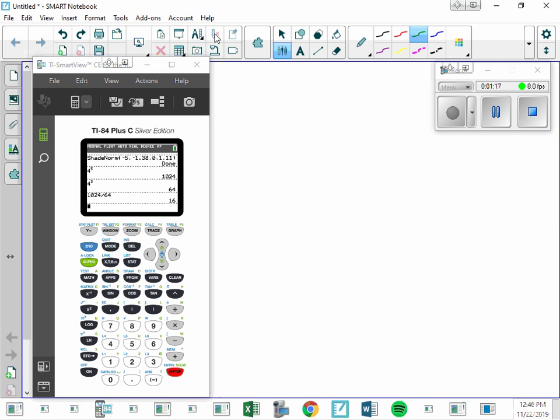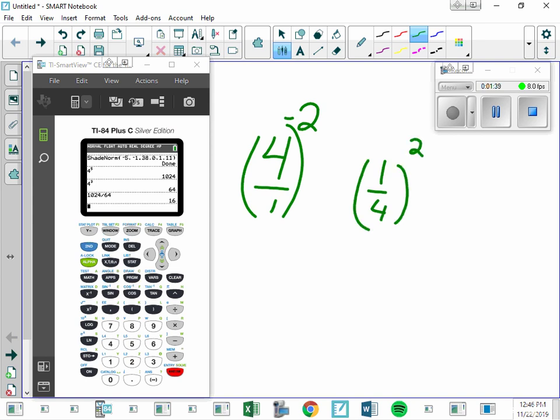But what about 4 to the negative 2? Yeah, good. Negative exponents flip fractions upside down. So this is kind of like saying 4 over 1, and then the negative is going to turn it into 1 over 4 squared.